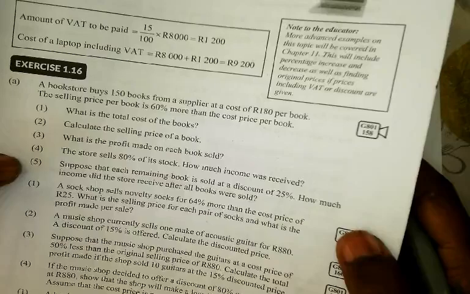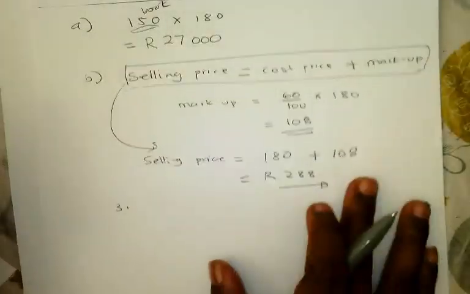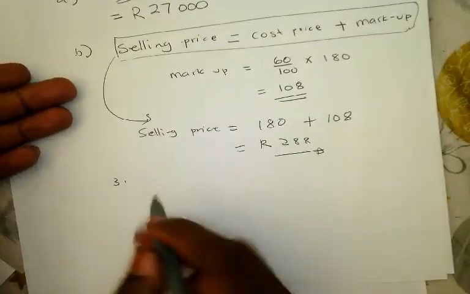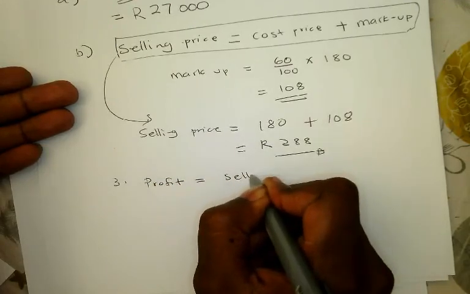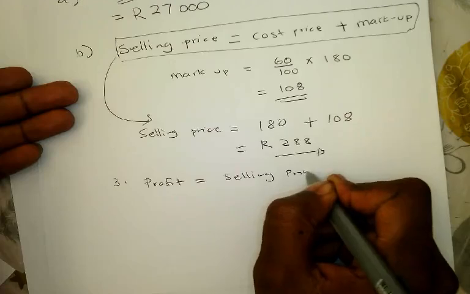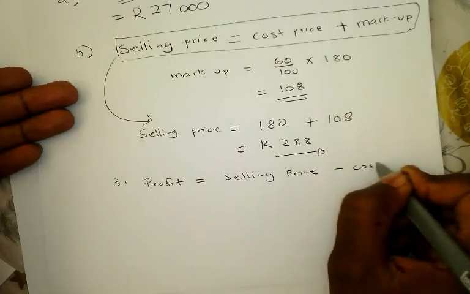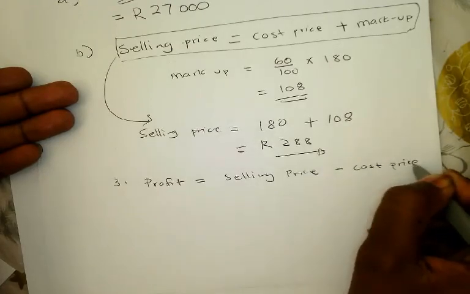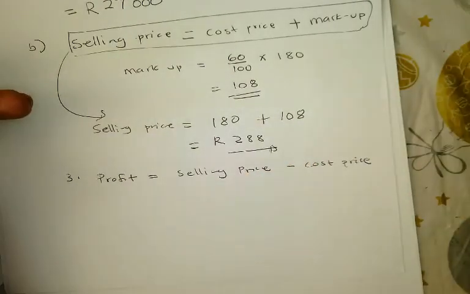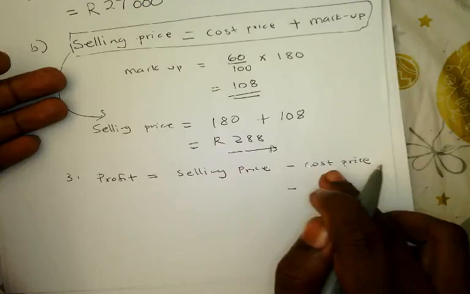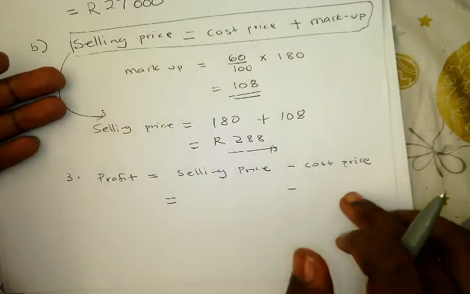Question 3, they say, what is the profit made on each book sold? So the formula for profit is what? Selling price minus cost price. If you want to know if you're making profit, if you're a business person, how much did you buy? How much did it cost you?